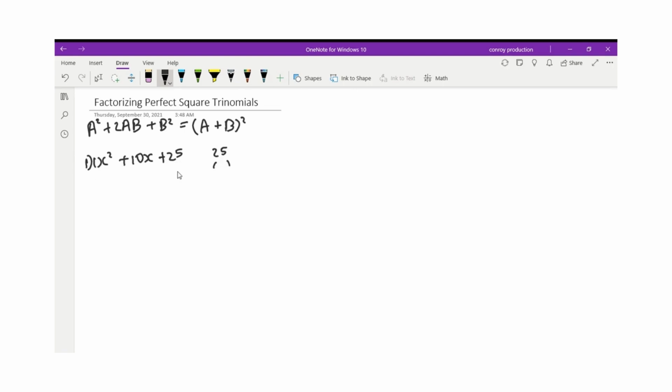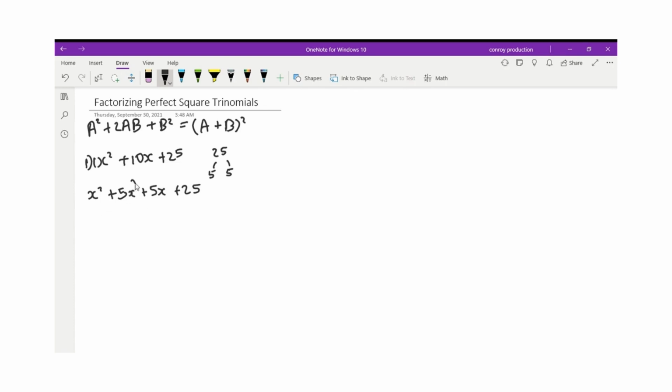Two factors of 25 that add to give the b term, and multiply to give a times c. And it's 5 and 5, right? So 5 plus 5. In replacing it, you'd have x squared plus 5x plus 5x plus 25. Now all of this replaces the 10x.